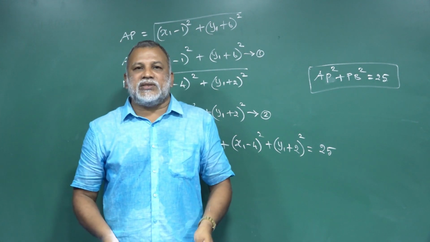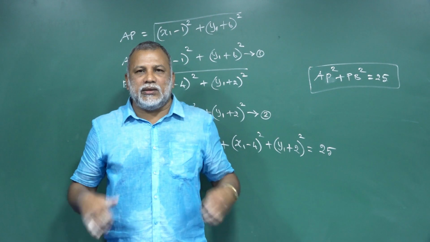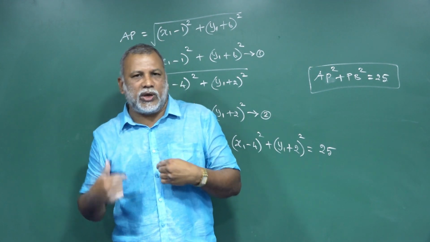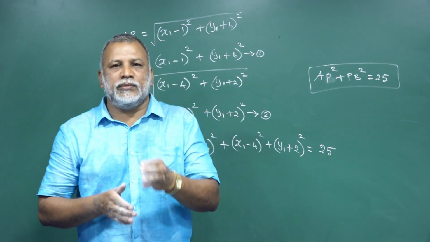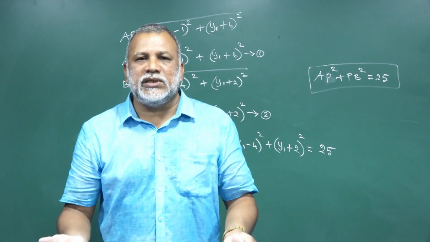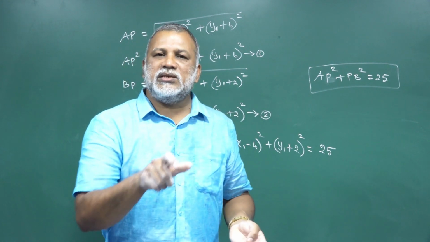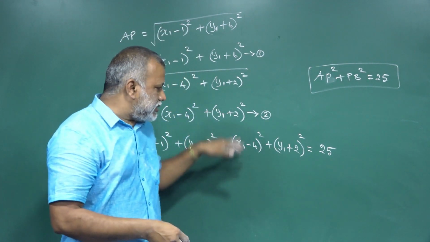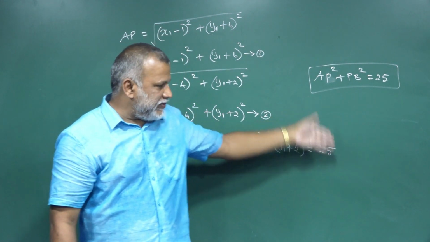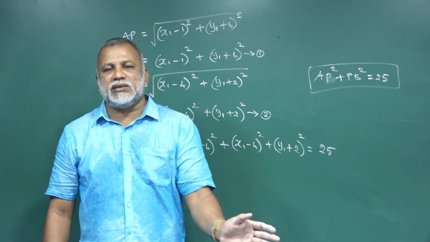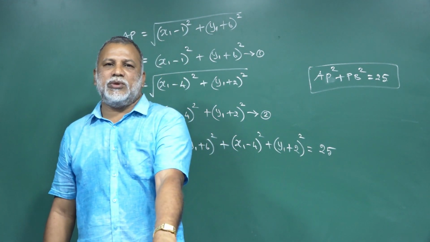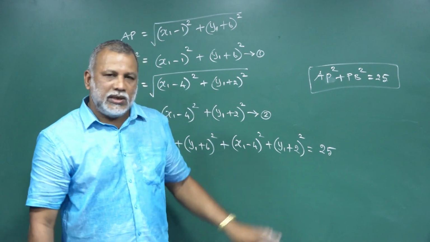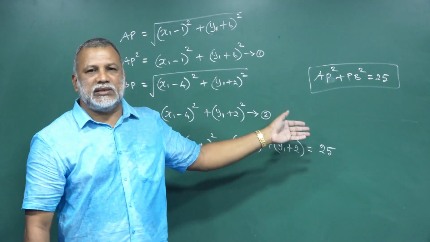When the point is fixed, I am standing fixed here, then my name is x1 comma y1. If I am moving, then instead of x1 comma y1, use the variable x comma y. So use this in the last sentence. Up to that you use x1 comma y1. In the final line you can replace x1 comma y1 with x comma y. So up to this level, try yourself, find the result.